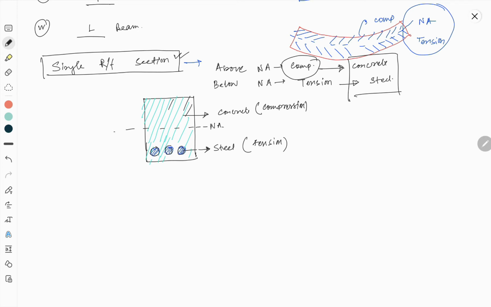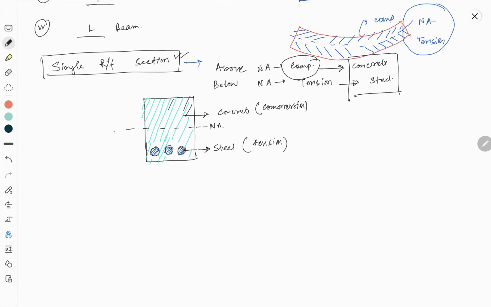So this is the simple representation of a single reinforcement section, where a single layer of reinforcement is placed below the neutral axis.